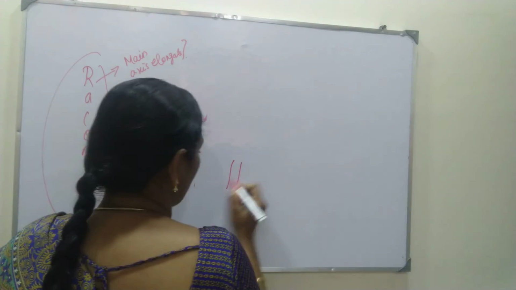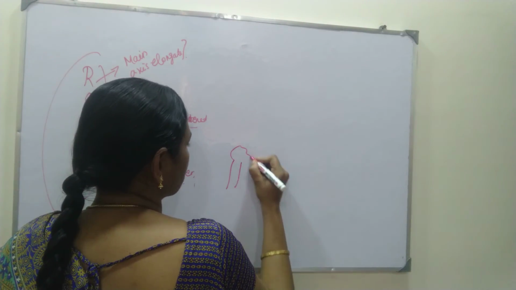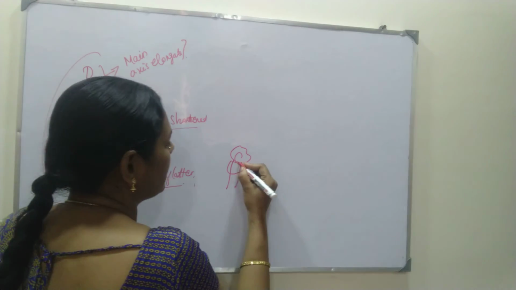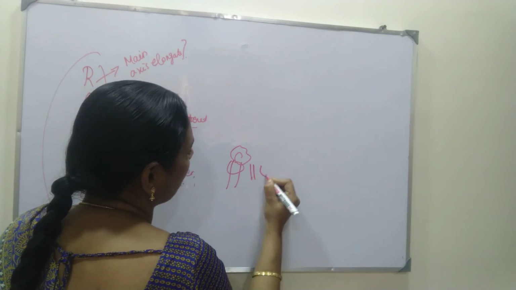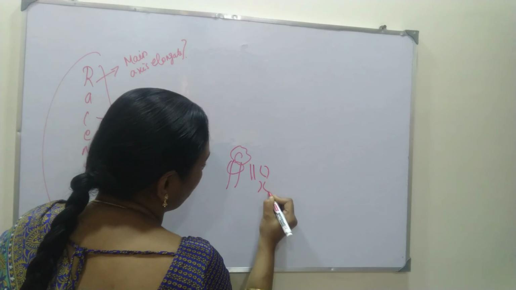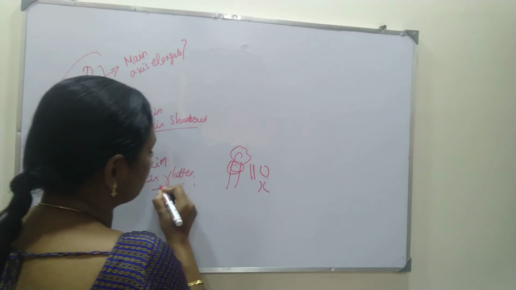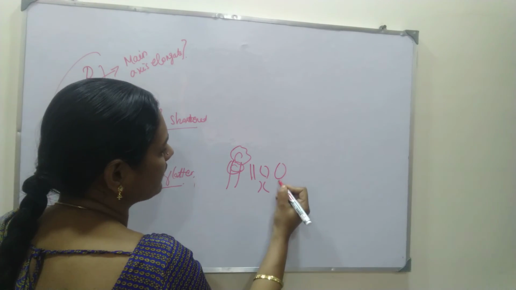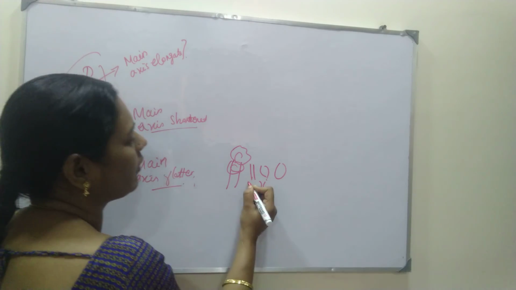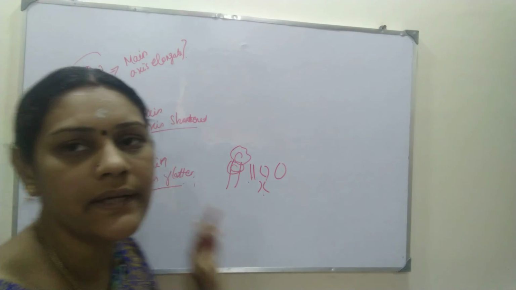The main axis of the inflorescence, or group of flowers, may be flattened, convex, concave or globose. This main axis, whether globose, convex, concave or flattened, is called main axis flattened, which you should know.